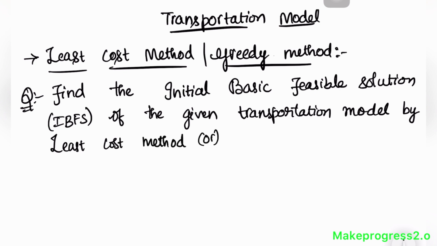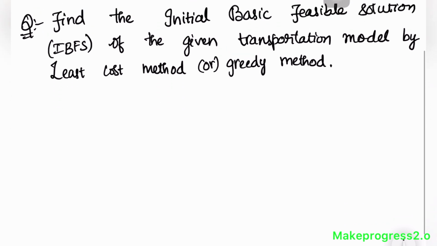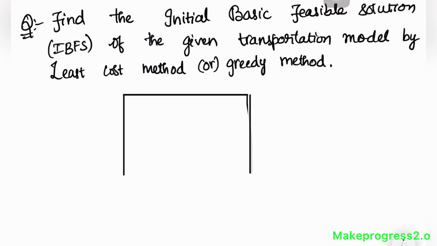So here in the question they have asked the initial basic feasible solution of the given transportation model by using the least cost method or the greedy method. So let's see the table. This transportation model will be represented by the table, which is having rows and columns.